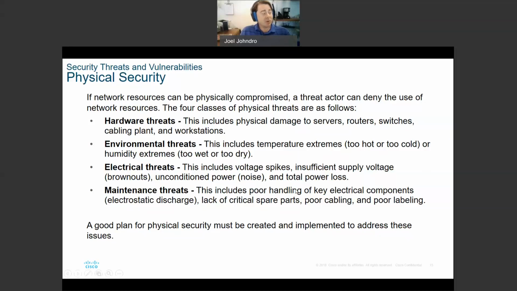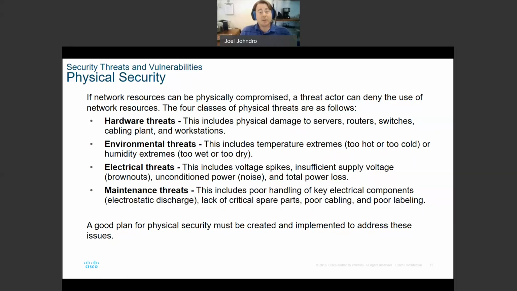And perhaps the most overlooked, in my experience, is simply maintenance threats. This could be poor handling and storage, and what I've seen a lot in the real world is an unclean environment. In particular, you'll see this in a lot of retail stores that don't have a server room per se. They'll have switches underneath the counters, or switches and routers just on a back shelf.